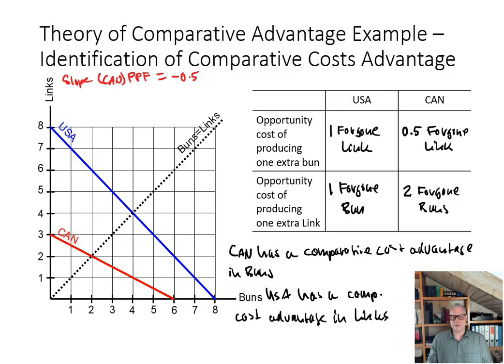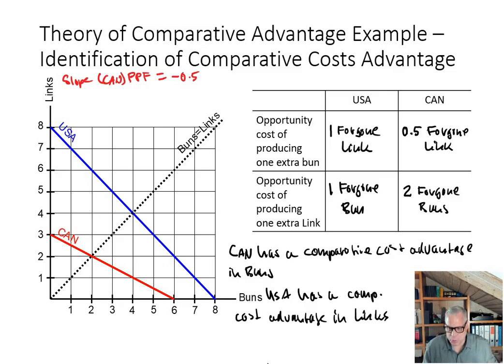Okay, so that is very important, that when you see 2 PPFs, what you need to be able to identify is which country has a comparative cost advantage in what. And what helps is to make such a little table here and read it off the table.